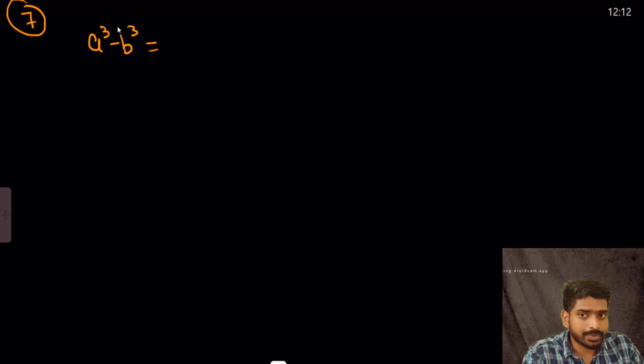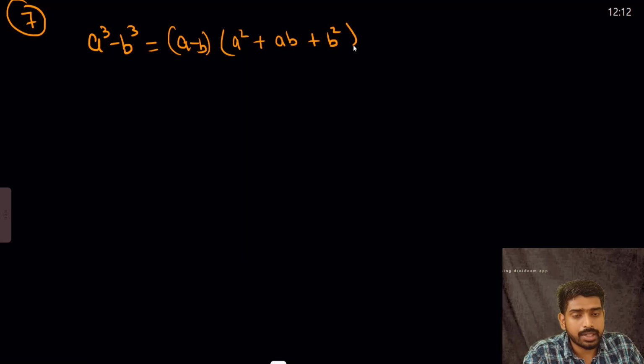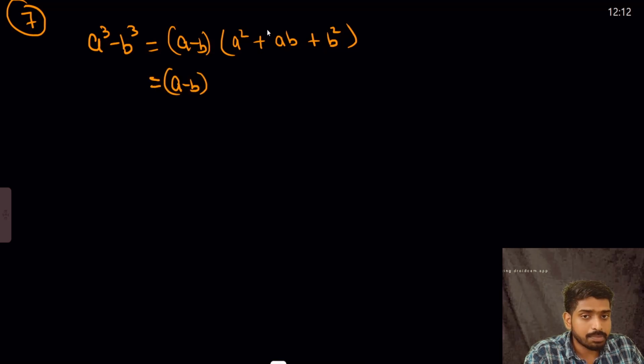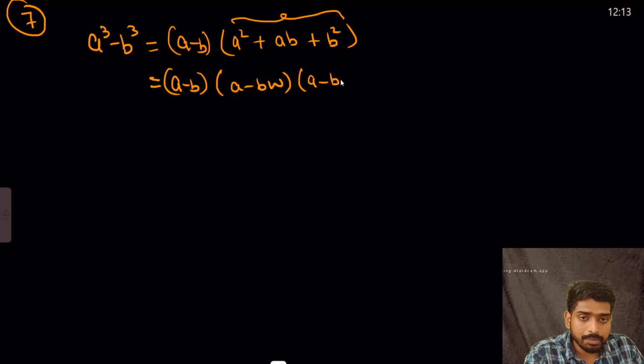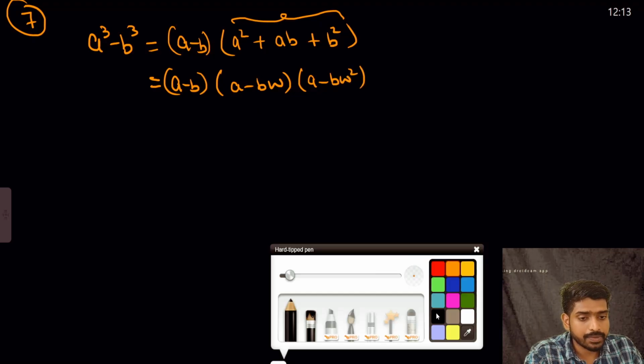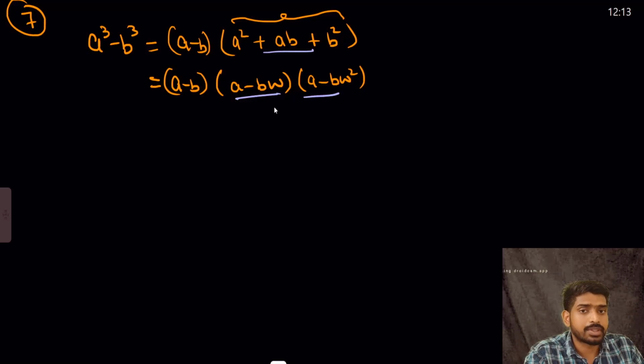The factorization is (a minus b)(a square plus ab plus b square). Till this we know, but the second part we can factorize further: a square plus ab plus b square equals (a minus b omega)(a minus b omega square). If we multiply these two, we'll get this one again.